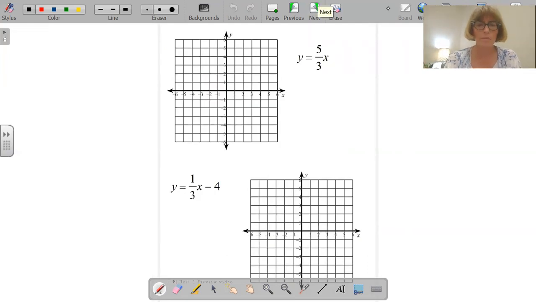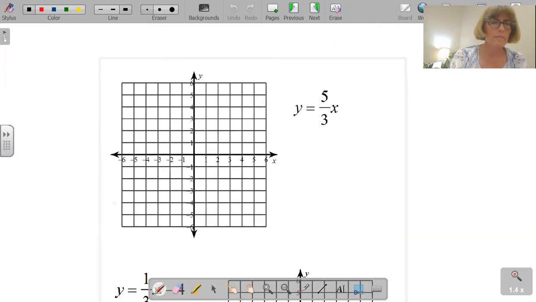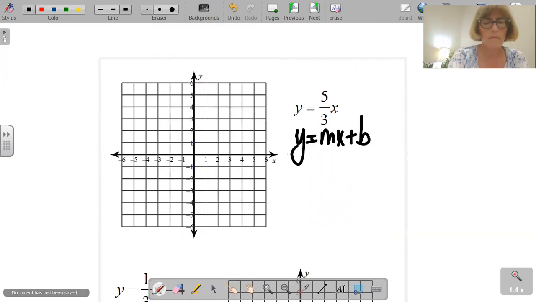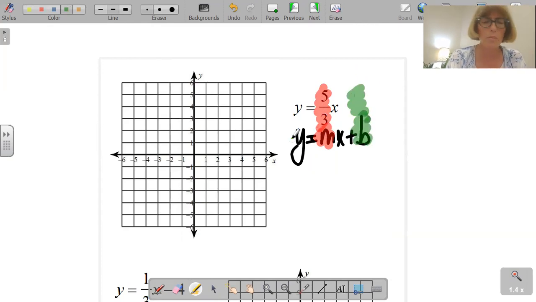Let's do another one. There's my slope. And you're like, my b's not there. What's up with that? Well, that means your b is going to be a 0. So we're starting at the y-intercept of 0.